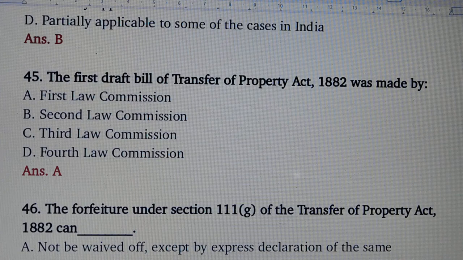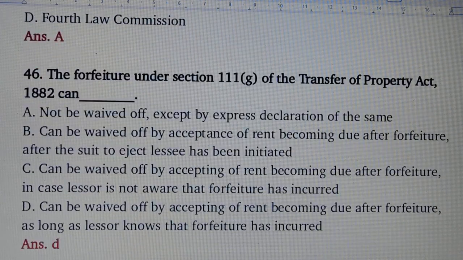Question number 45. The first draft bill of Transfer of Property Act was made by. Answer is option number A, First Law Commission. Question number 46. The forfeiture under section 111G of the Transfer of Property Act can.